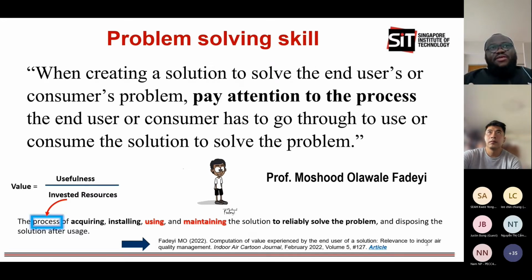But at the end of the day, the end users are not getting the usefulness they require from the solution that you actually delivered. Computational BIM itself is trying to help you generate a solution, but how this solution will solve our problem should be at the back of our mind.